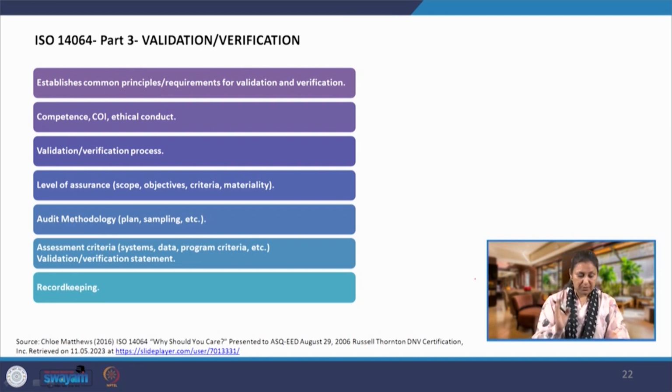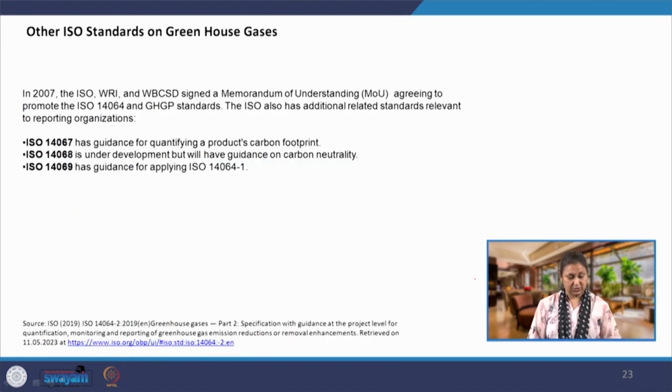So, there is a proper methodology, the level of assurance based upon the data that is being provided, and how the data is being procured is all part of this verification and validation process.